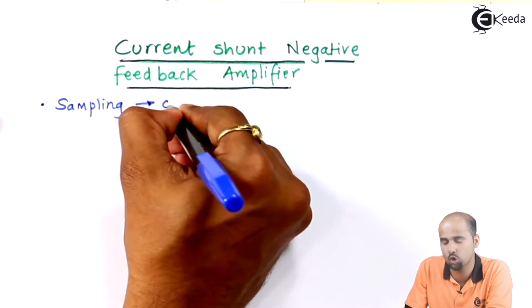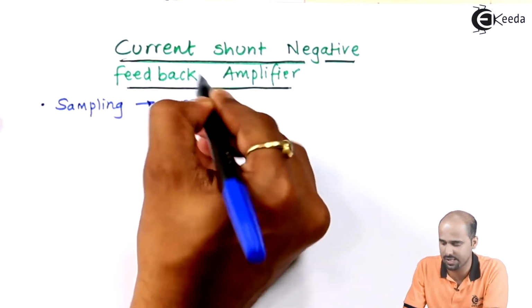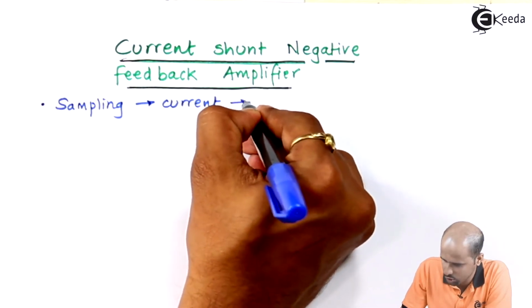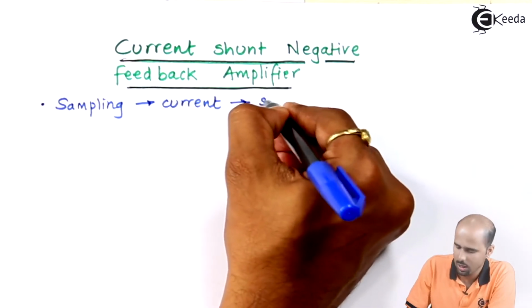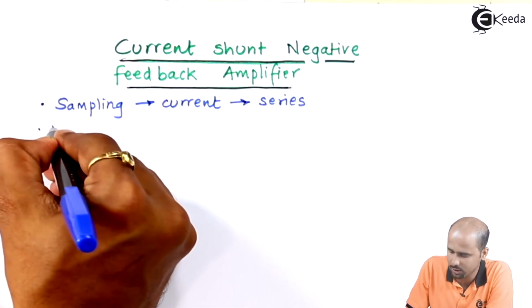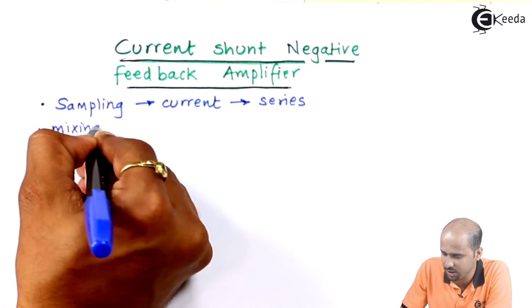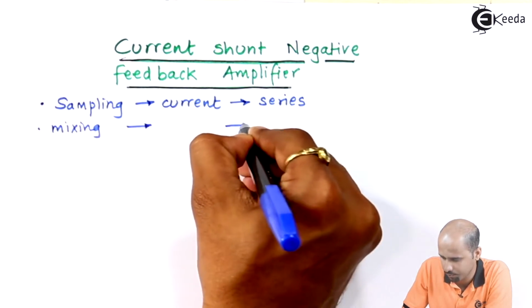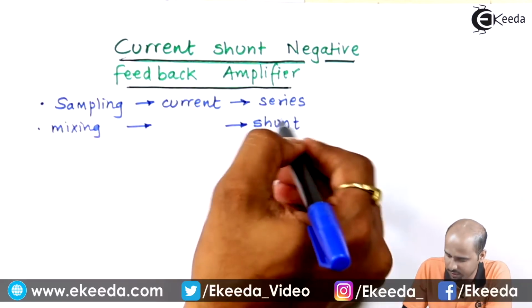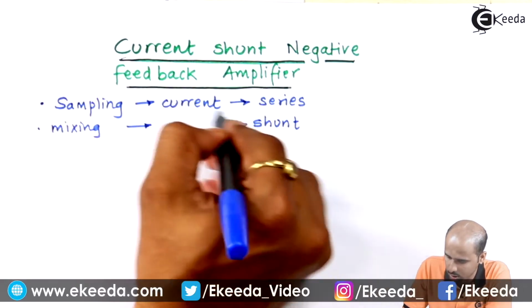Whenever we use the parameter as current for the sampling, we generally use series combination. Whenever we are using mixing and it is given that it's the shunt mixing, we are also using current here.